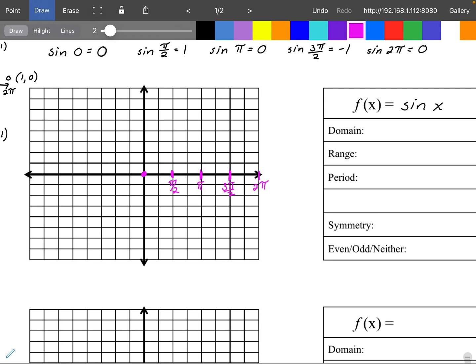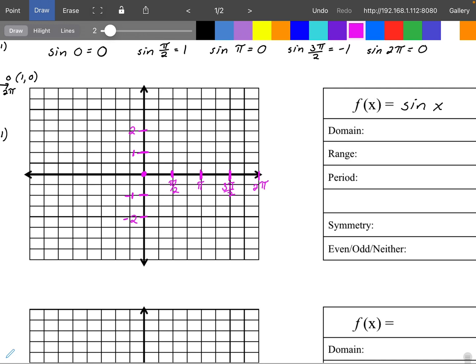Okay, so at pi over 2, sine was +1. And again, I kind of want to stretch these out so we can see the shape well. So we're going to make this 1, this 2, and then we can also see that sine can be negative, so we want to make sure that we go in the negative direction as well. Okay, so then at 0, sine was 0, so there's our first point.